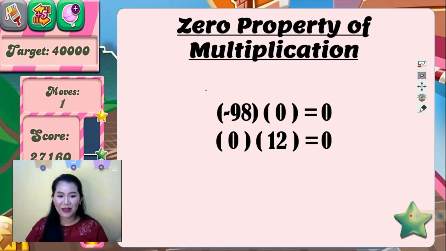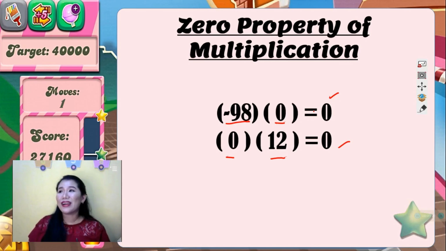So, if you have here negative 98 times 0, the answer is 0. If you have 0 times 12, the answer is 0. So, kahit i-times mo pa yun sa 1 million, or negative 1 million, or negative zillion, the answer is always 0. That is what we meant by zero property of multiplication.